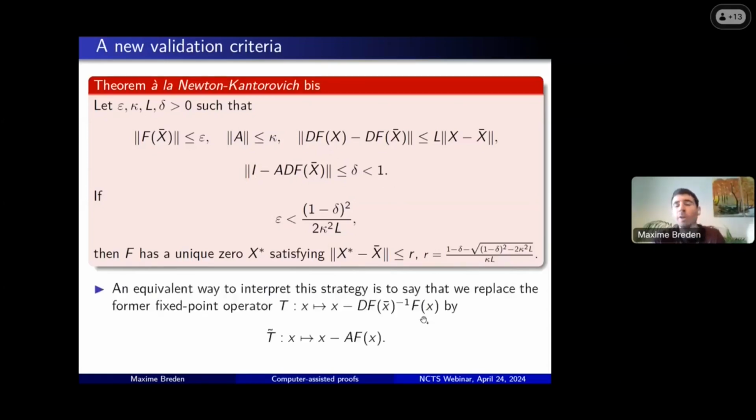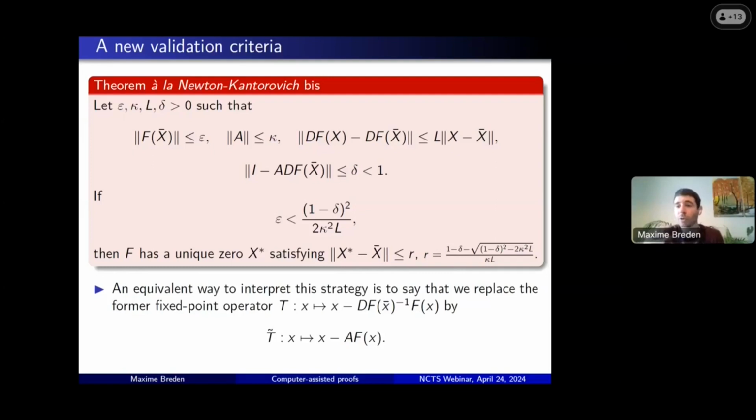And one way to think about this is to say, in the end, we only want to apply the contraction mapping. Before it was to this thing, but this is really Newton's method. So it's not only contracting, x bar is very, very contracting, in the sense that the Fréchet derivative of T at x bar is actually 0. It's identity minus df x bar inverse times df x bar.